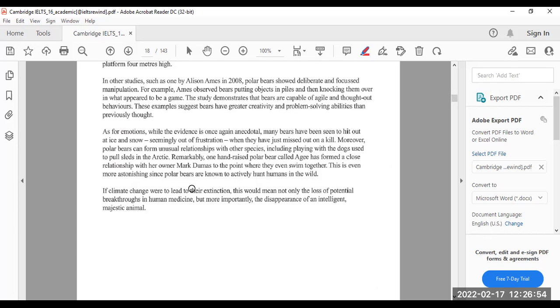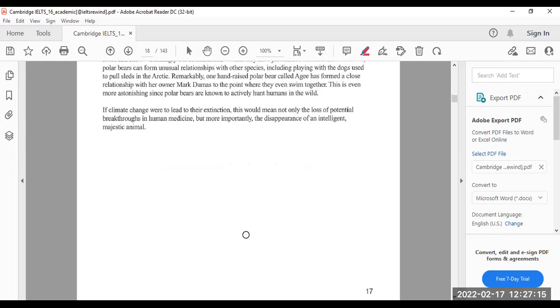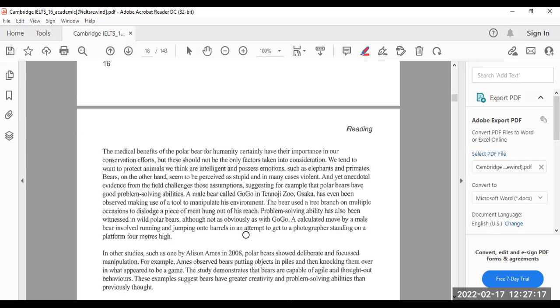And as far as emotions, evidence is once again anecdotal. Emotions of polar bears, and climate change were to lead to their extinction. This would mean not only the loss of potential breakthroughs in human medicine, but more importantly, the disappearance of an intelligent logistic animal. So with this, I just go to the questions.